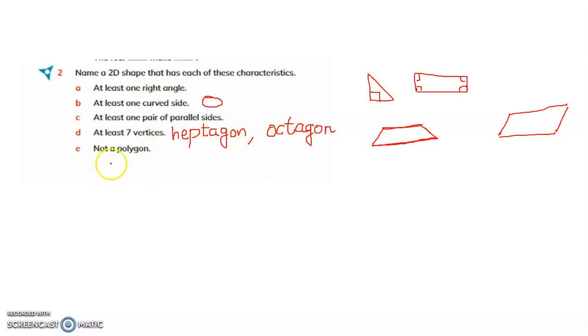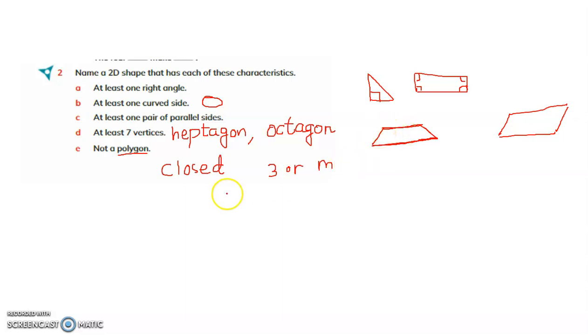etc. Now, not a polygon. A 2D shape that is not a polygon. Do you remember I had mentioned we should know the properties of a polygon. What is a polygon? It is a closed figure with 3 or more straight edges.